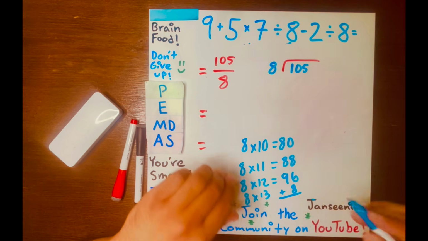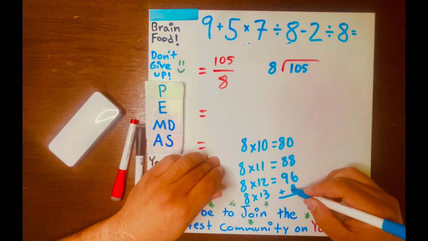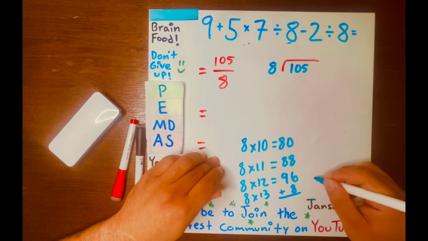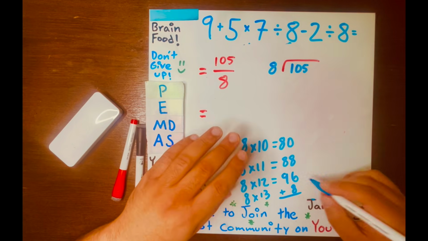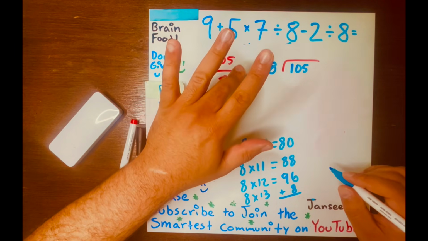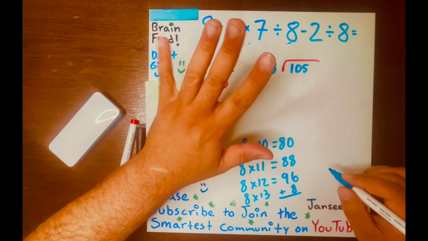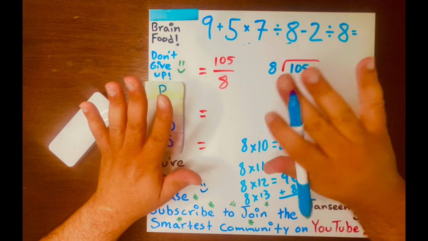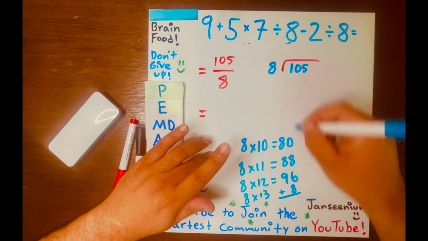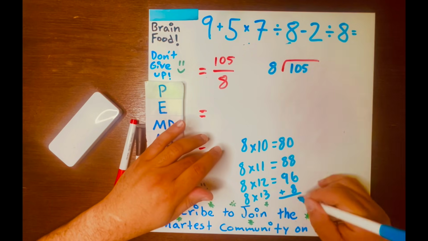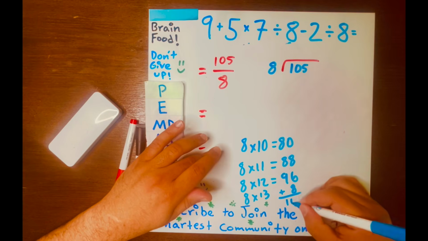I'm running out of space there. So 96 plus 8 is, what is it? So 96, 97, 98, 99, 100, 101, 102, 103, 104. Yes, that's 104.